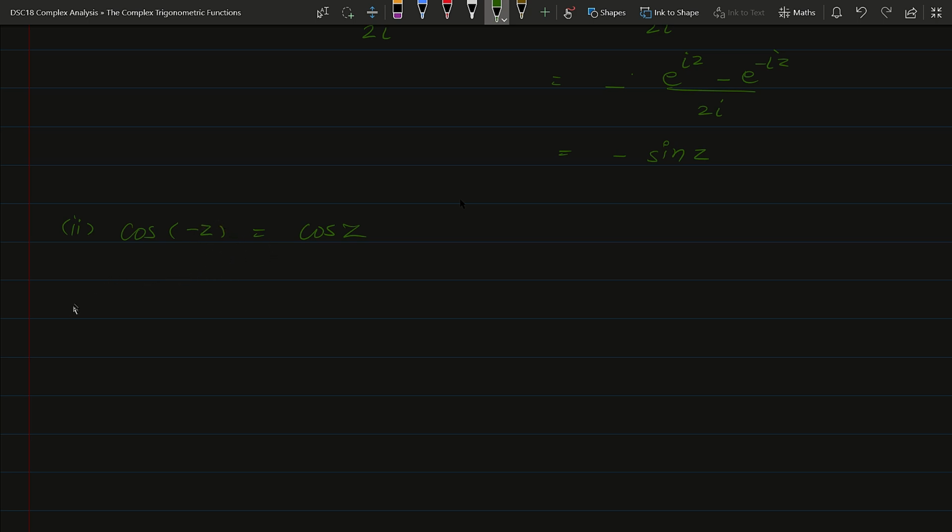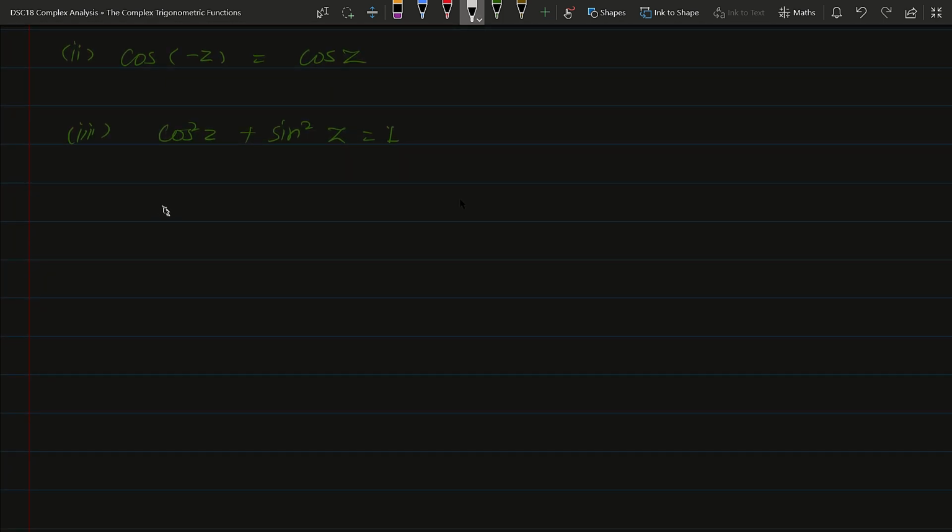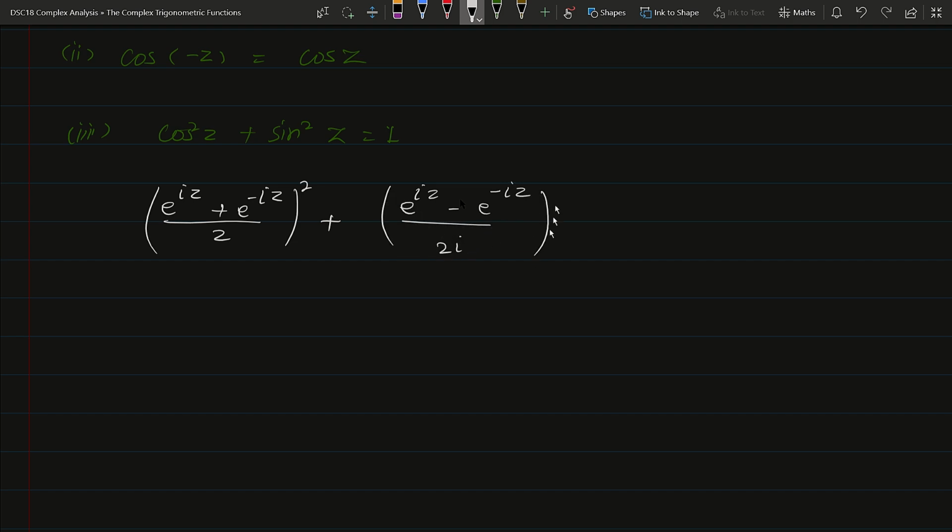have your identity. Okay, then the third identity that we can have is that cos square z plus sine square z is equals to 1. Okay. Now if you want to prove this, you just write the expression again. So we will have it as e to the power iota z plus e to the power minus iota z by 2, and we need to take the square of this, plus e to the power iota z minus e to the power minus iota z over 2 iota, right, square.